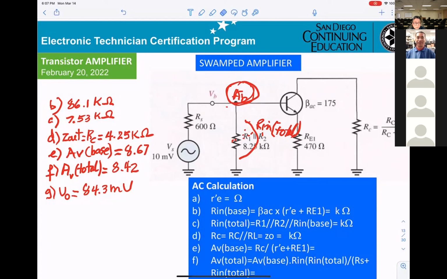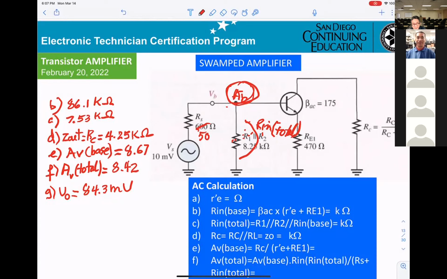Now you have to calculate based on what they gave you. If they gave you 50, that'd be fine.